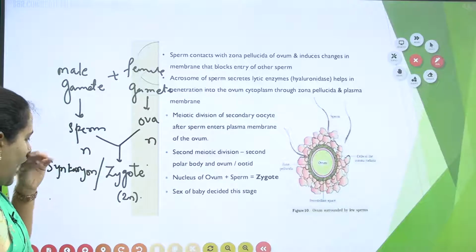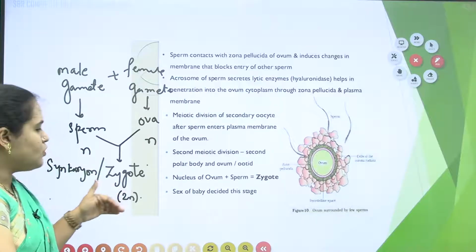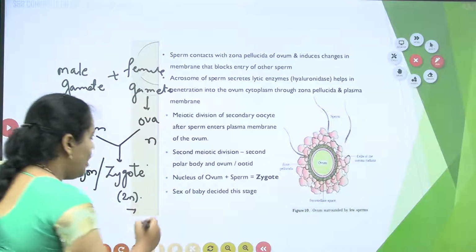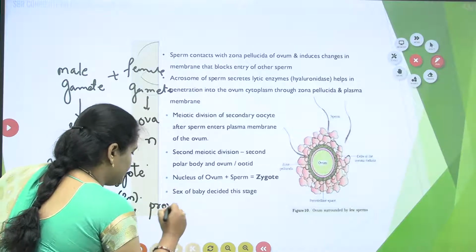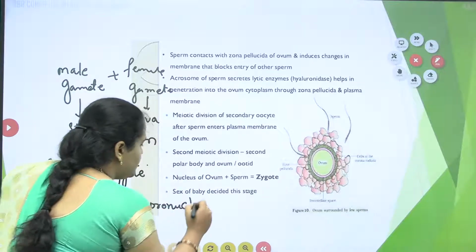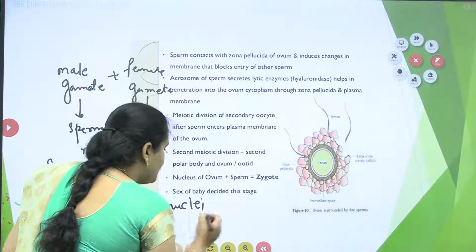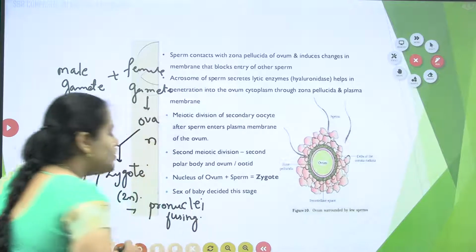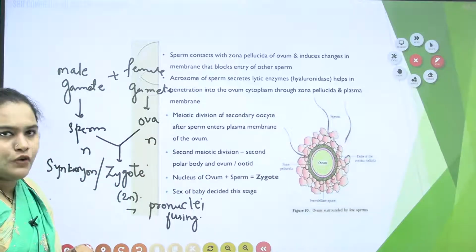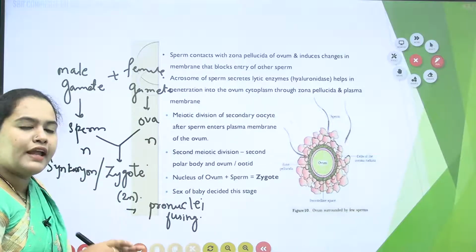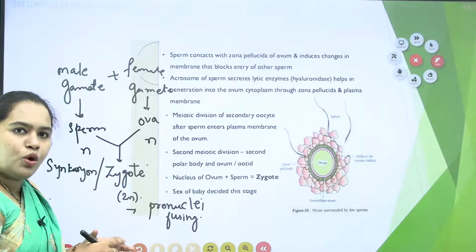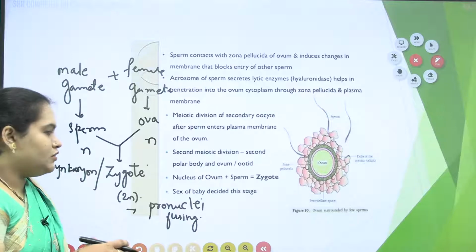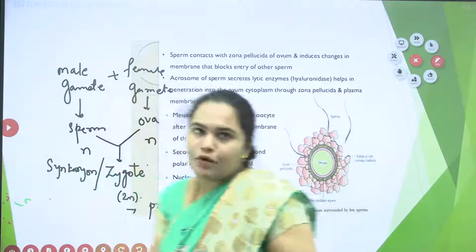Okay, so after the formation of the zygote, the male and the female pronuclei will start fusing. When the nuclei fuse, the nuclear membrane will disappear, and the chromosomes will become free into the cytoplasm of the ova.